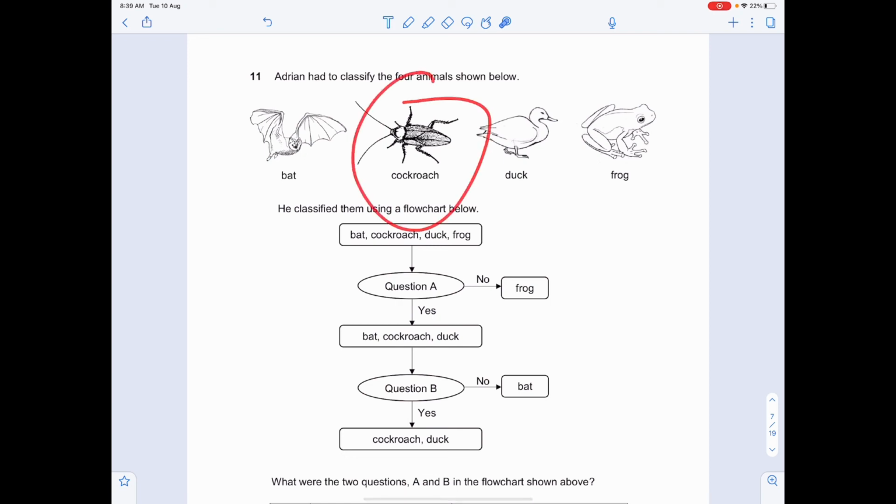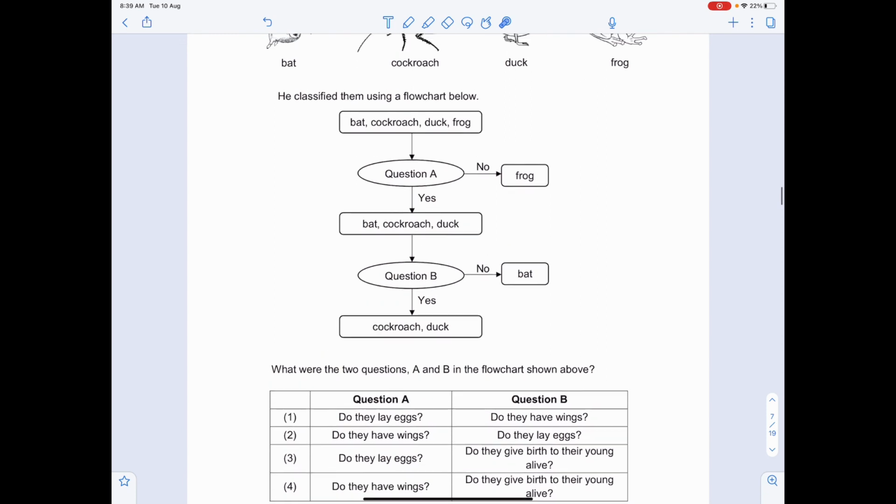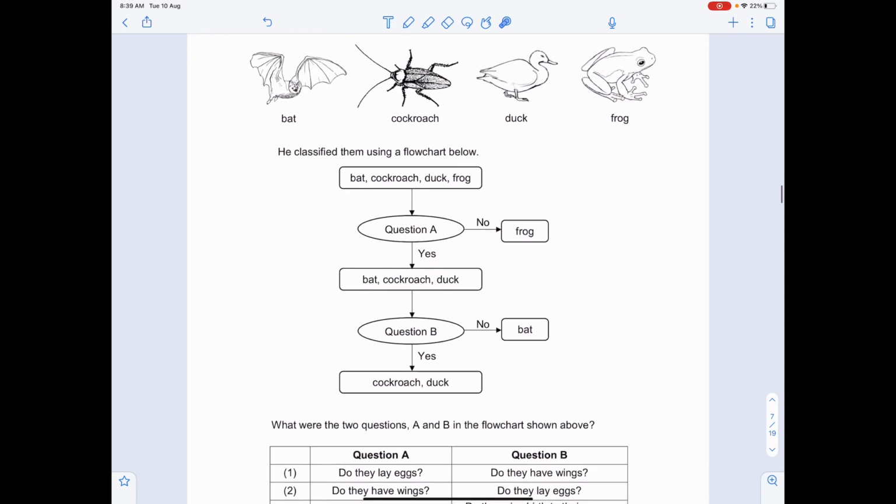Your cockroach will be an insect, your duck will be a bird, and your frog will be an amphibian. Based on all these different things, you will need to know the characteristics, so that you know what's common and what's not common between them. Okay? So let's take a look.